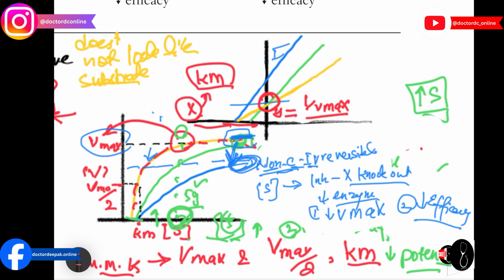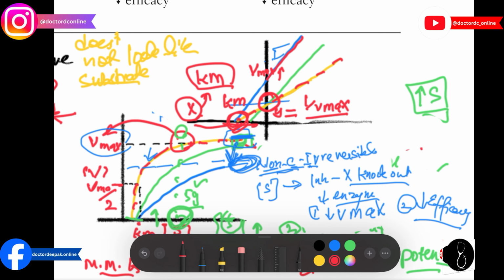So the yellow line is the normal one. But after adding non-competitive irreversible inhibitors, the line moves up on the y-axis. Okay? That means the Vmax will decrease. And if you look at this, the Km is unchanged.